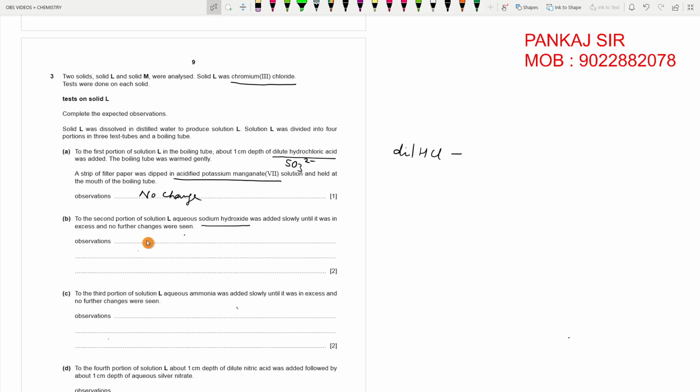Here again a green precipitate will be formed, because ammonia is also basic in nature, but it will not get dissolved.